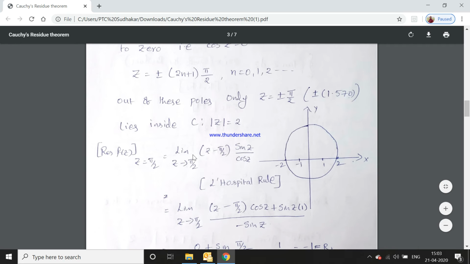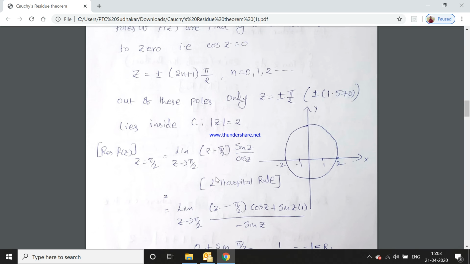Differentiate numerator and denominator separately. In the numerator we have a product uv, so we apply u v dash plus v u dash: (z minus pi by 2) into cos z, plus sin z into the derivative of (z minus pi by 2), which is 1.